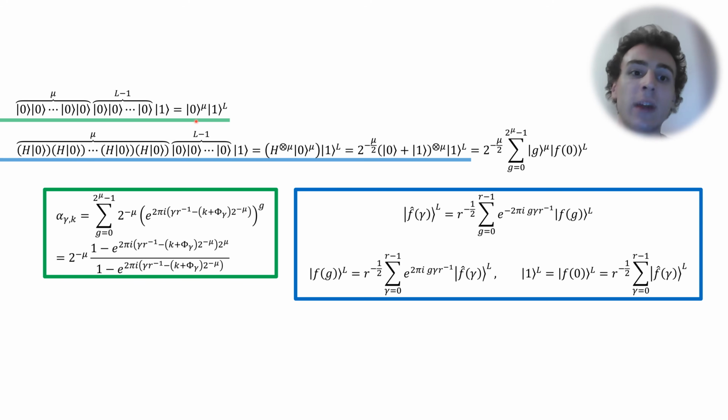We're dealing with the collective state of an entire register of qubits. So this 0 is actually 0 for the entire register X, and this 1 is 1 for the entire register Y. So now we've thoroughly explored this notation that appears in the green snapshot. Let's move on to the blue snapshot.